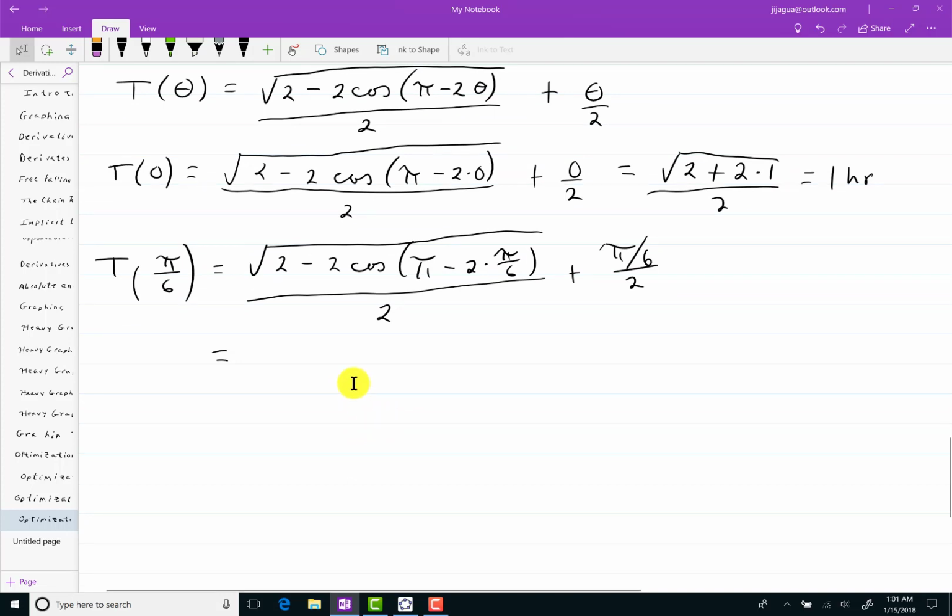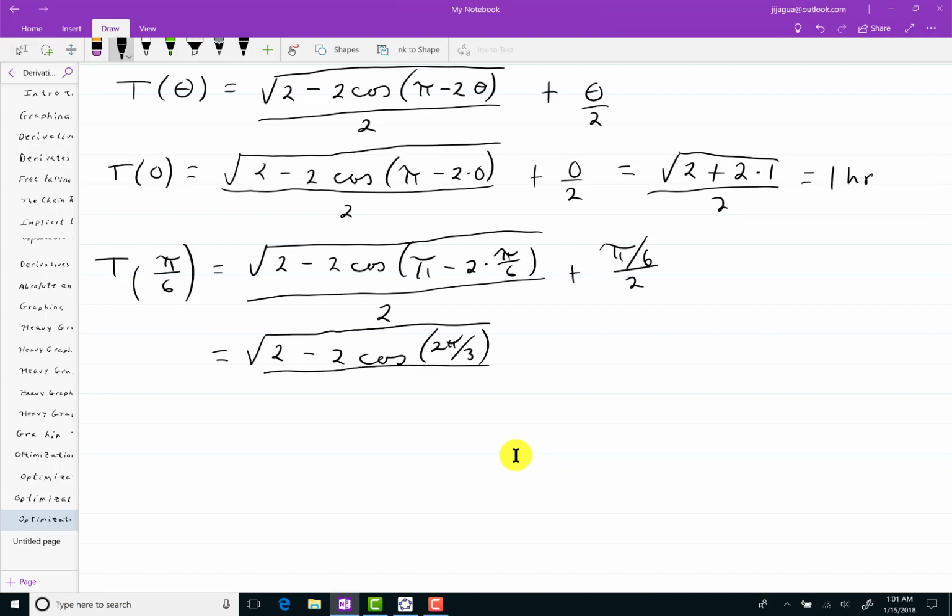And that equals, let me see, pi minus pi over 3 is 2 pi over 3. Square root of 2 minus 2 cosine of 2 pi over 3 divided by 2 plus pi over 12.